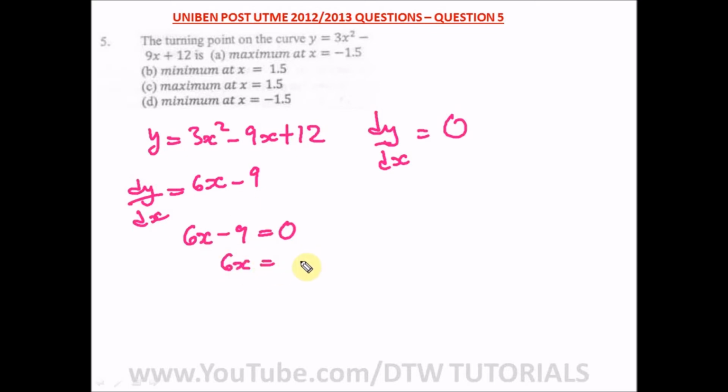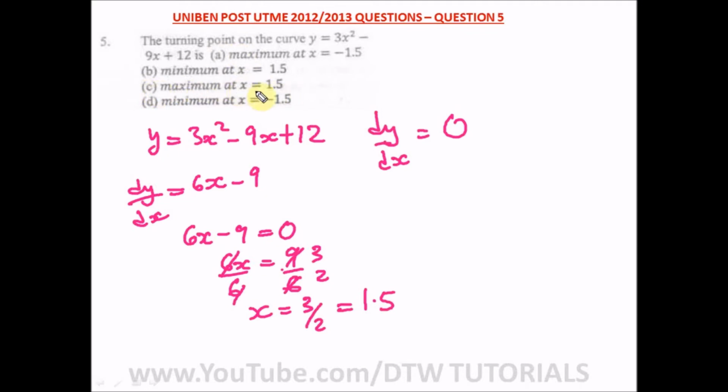So let's take like terms. 6x will be equal to, take minus 9 here, we have a positive 9, divide both by 6, and what do we have? A 3 can go here how many times? 3 times. A 3 can go here how many times? 2 times. So we have 3 divided by 2, and 3 divided by 2 is what? 1.5. Okay, so since this is positive, definitely the point on the curve is what? At the maximum point.